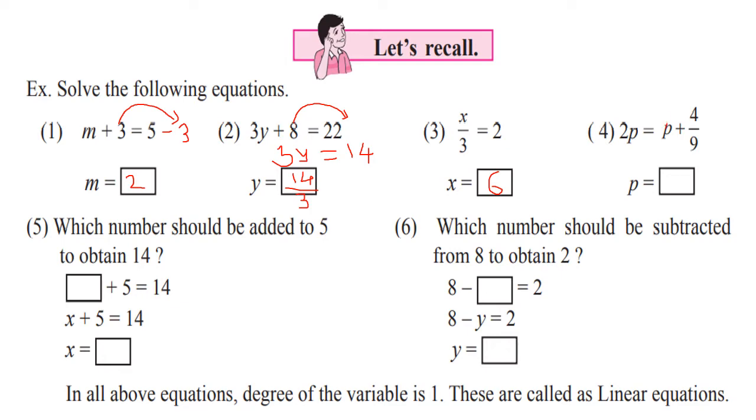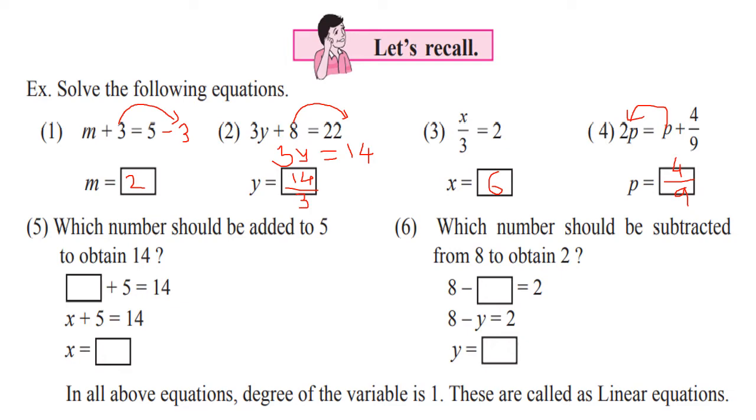So this p we will shift here to the left hand side. So 2p minus p we will get p and this 4 upon 9 we will write as it is, because we are shifting only p here. So answer will be p is equal to 4 upon 9.